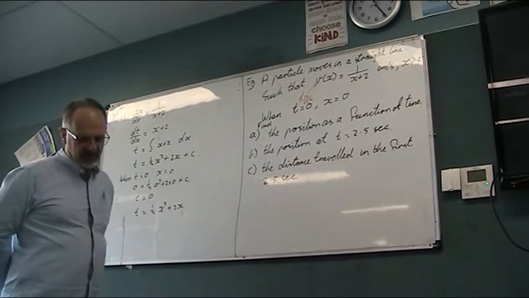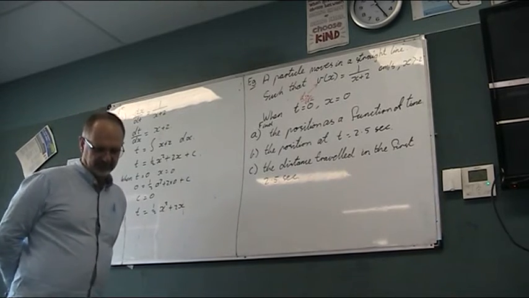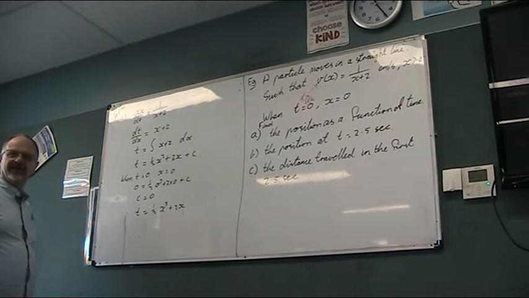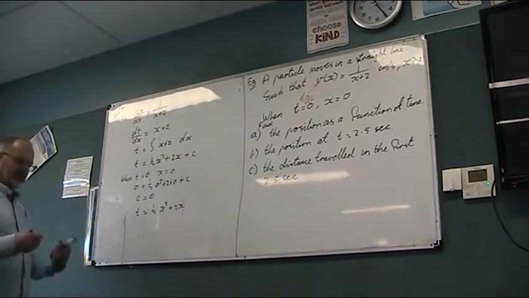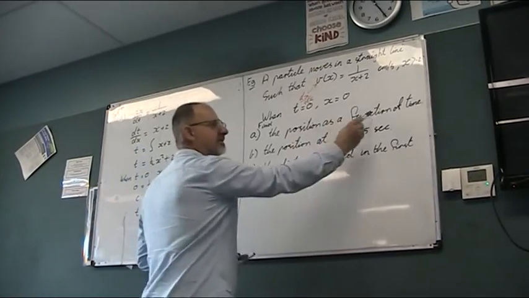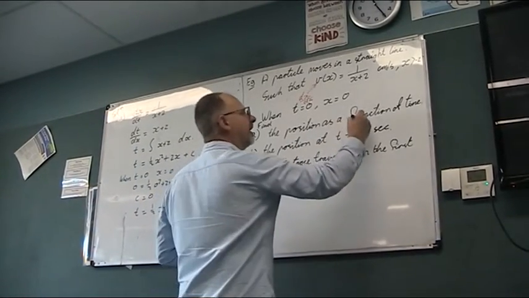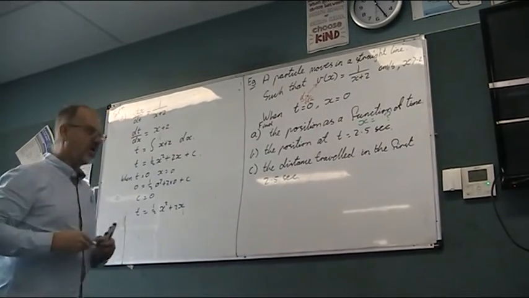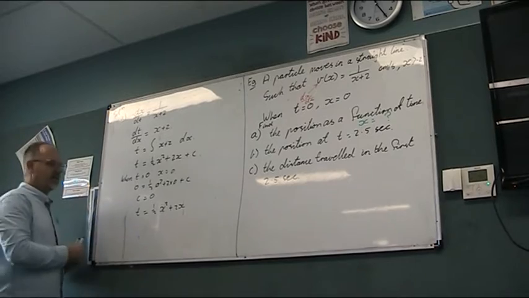All right, what are we going to do with that? Because the question asks us to give the position as a function of time. So we want x equals something with time in it.